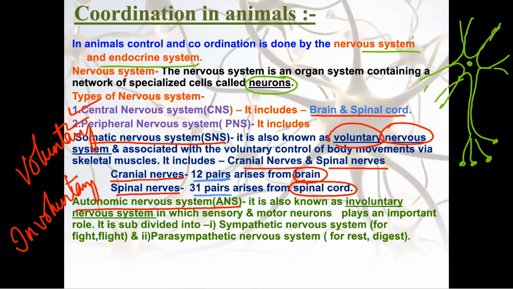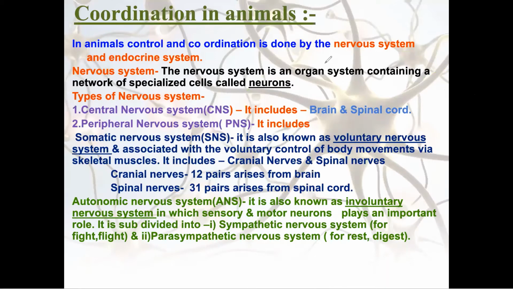Autonomic nervous system, it is also known as the involuntary nervous system, in which sensory and motor neurons play an important role. It is subdivided into the sympathetic nervous system and the parasympathetic nervous system. So what comes under the autonomic nervous system? It is made up of sensory nerves and motor nerves. So we have learned here a total of 4 types of nerves.